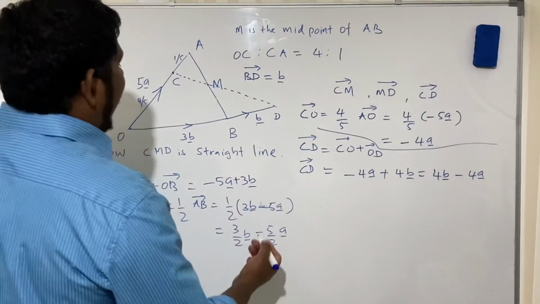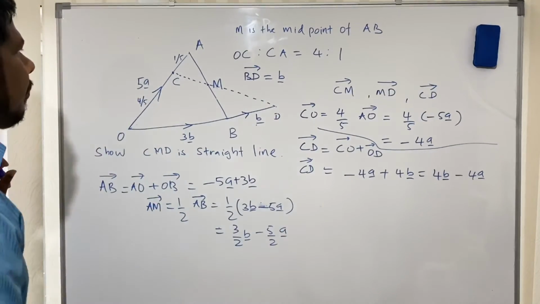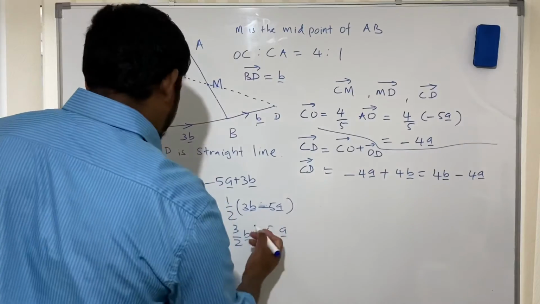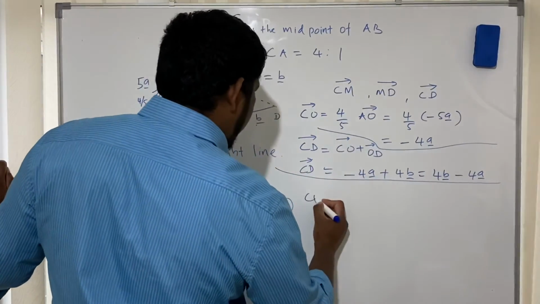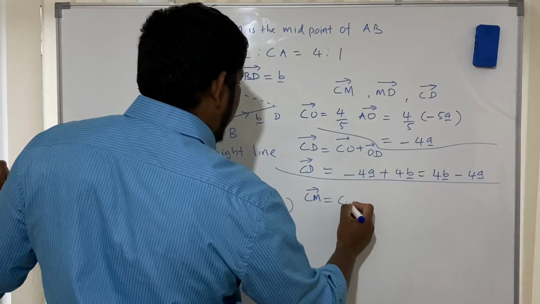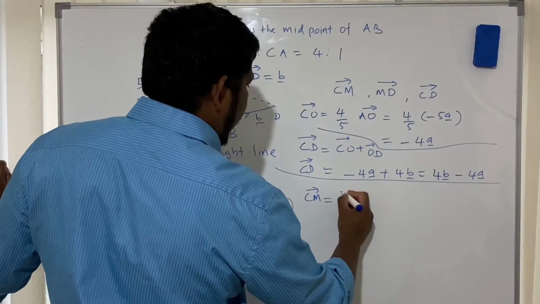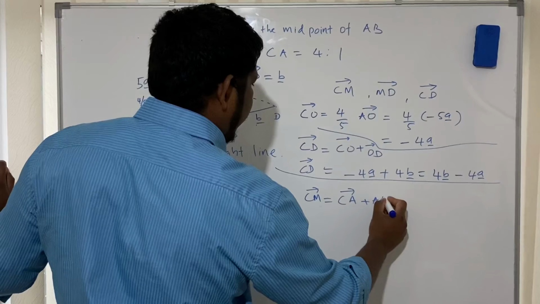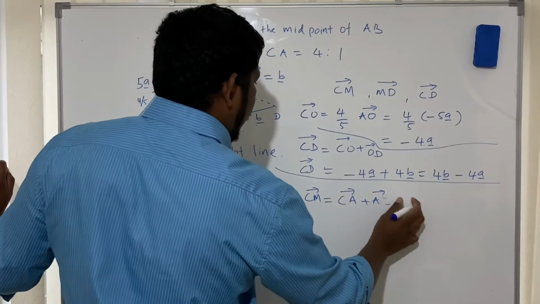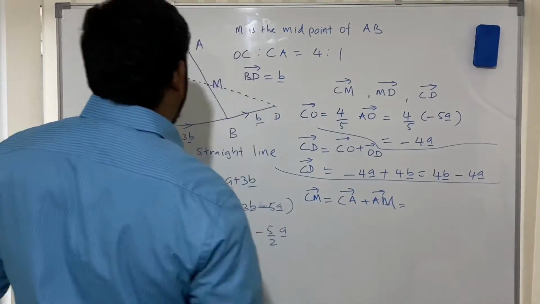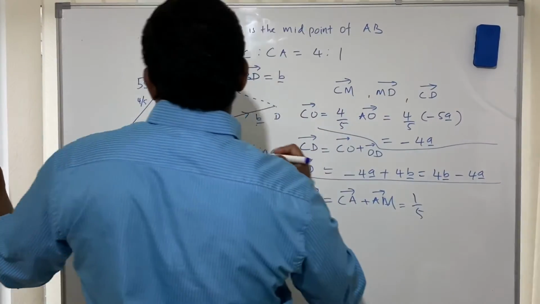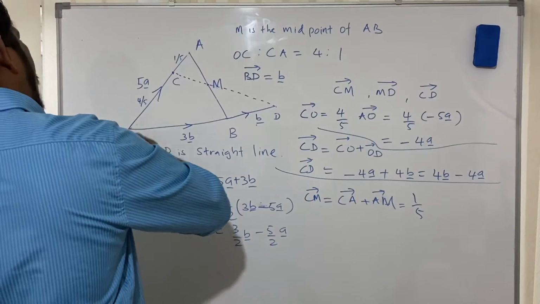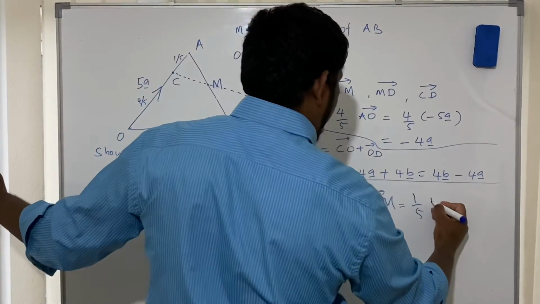So now I can find what is the CM. So vector CM equals CA plus AM. CA is 1/5 of OA, so that's 5A.